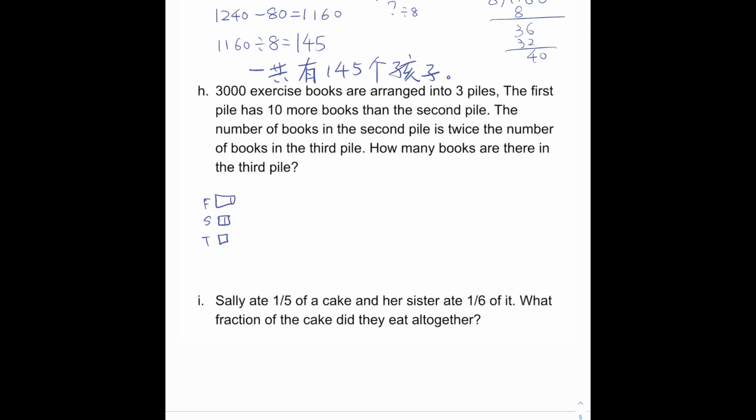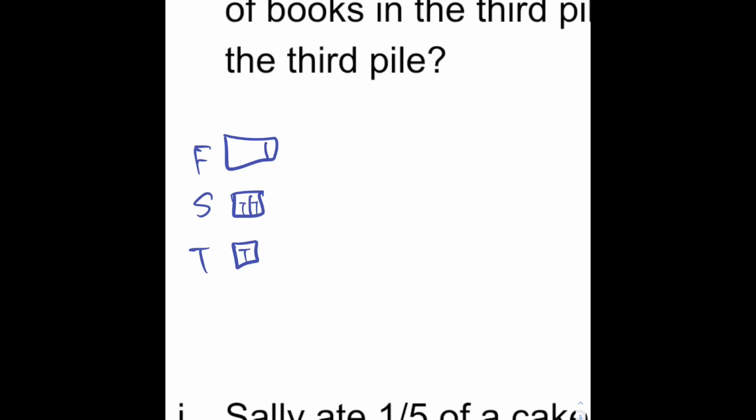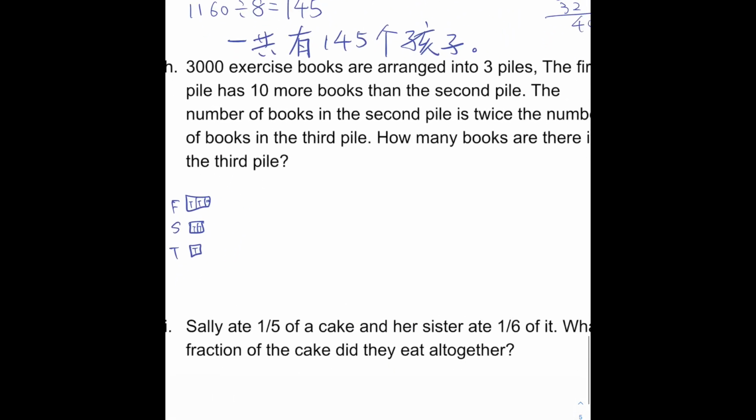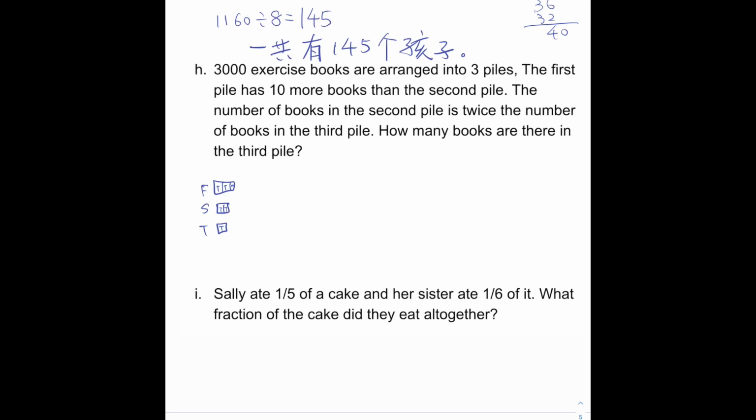So this is 2t, t, 2t plus 10. So let's draw a picture. Now we have a rough picture of it.